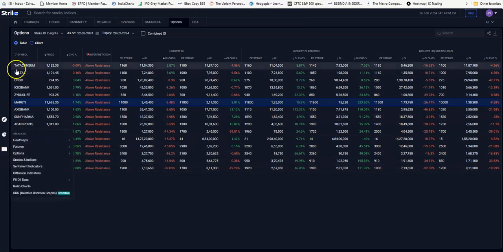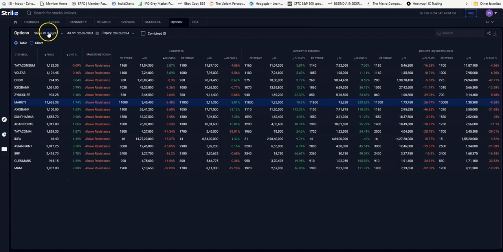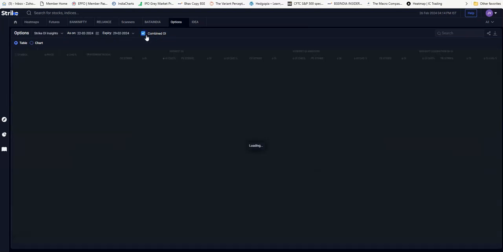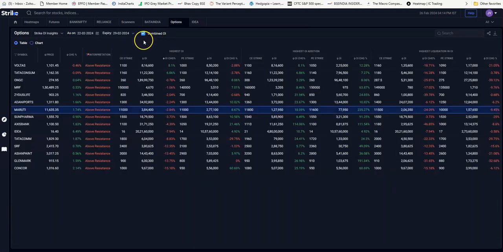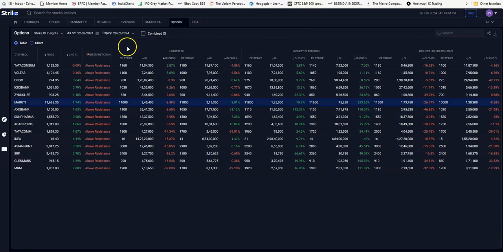Now this screen will work very well from a day or two perspective, because it basically works as a screener for you to identify the stocks which are near support level, below support level, or near resistance and above resistance level. Also, you have this option of using the combined OI or the non-combined OI.